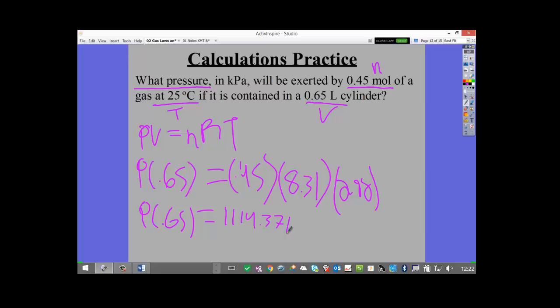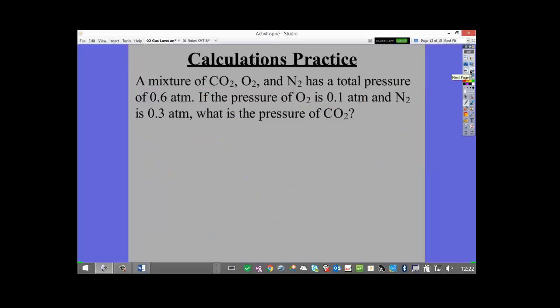It is 1,714.4. Your pressure is 1,714.4, because there's 0.65 on the other side. You have to write that down. Any questions on this? Next question.